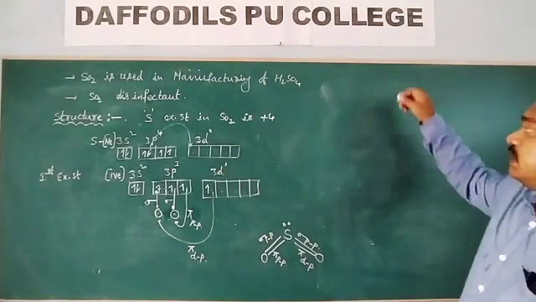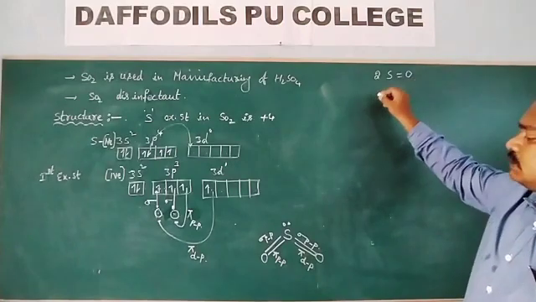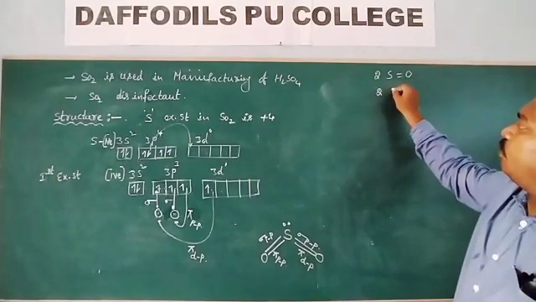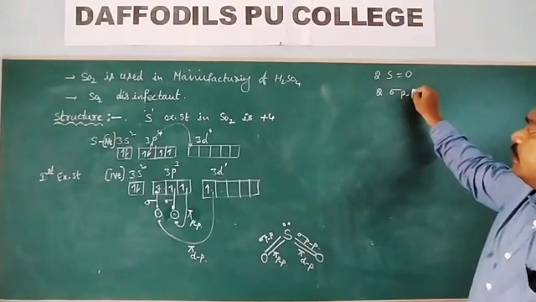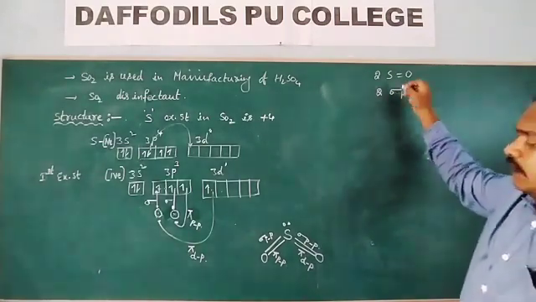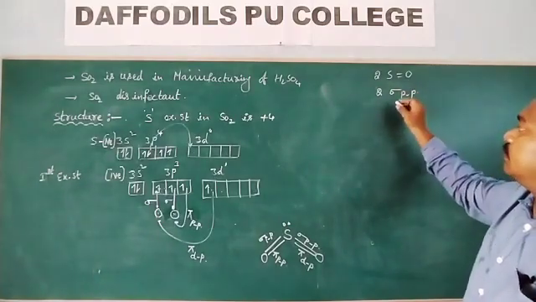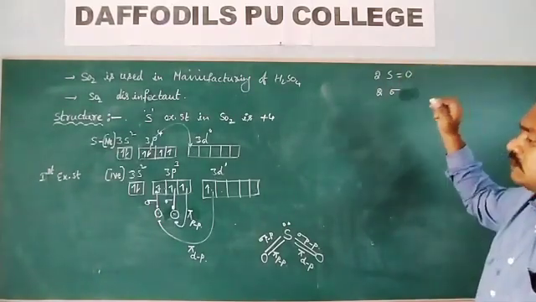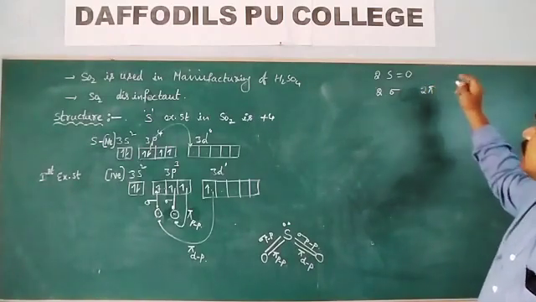So sulfur dioxide contains 2 S double bond O's and 2 sigma sp2p bonds, and the sulfur is undergoing sp2 hybridization. So 2 sigma bonds, and it also forms 2 pi bonds.